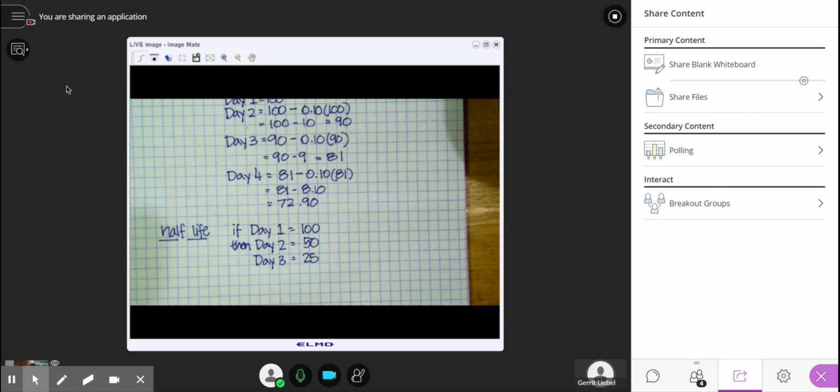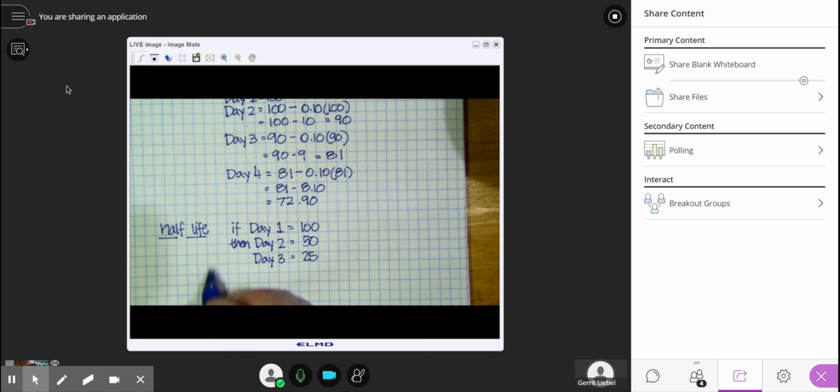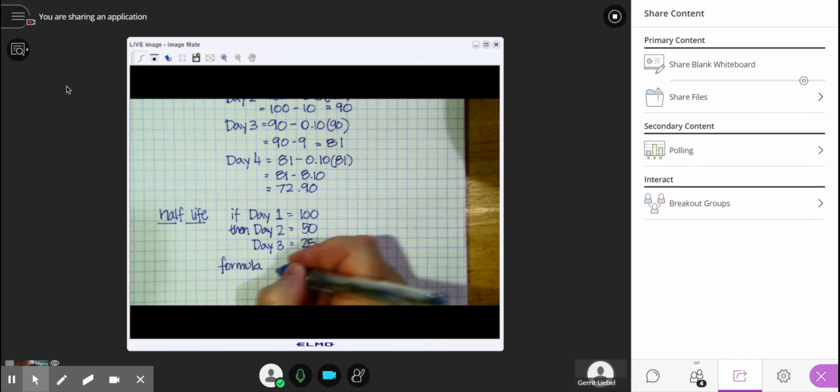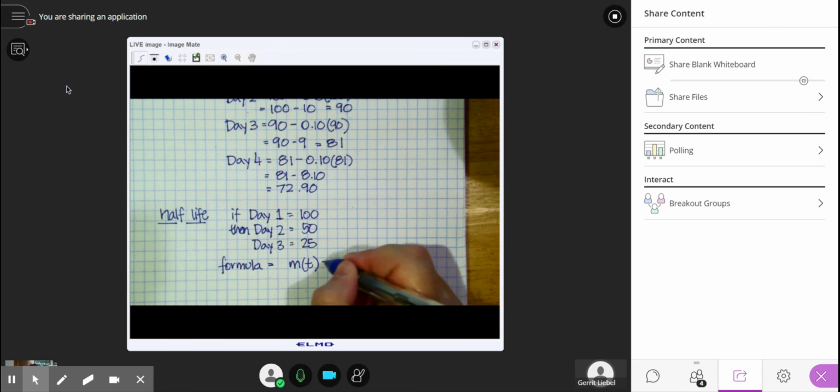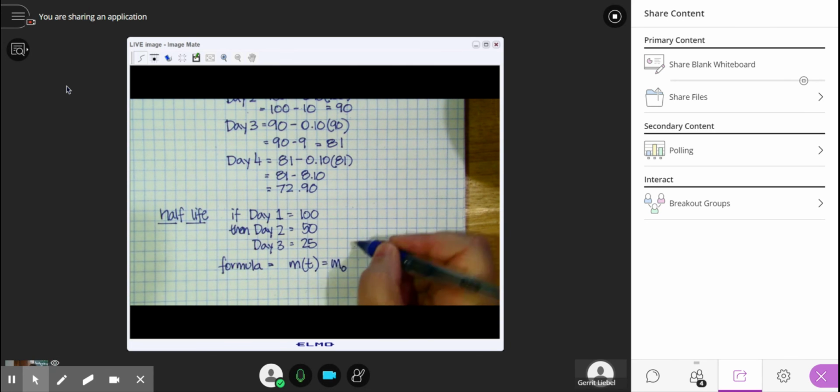The formula for this, because it's not always simple days, is m of t is equal to m of 0 times 2 to the negative t over h.